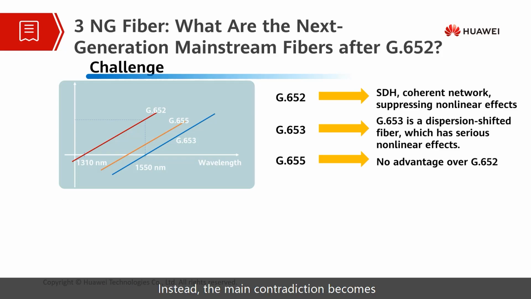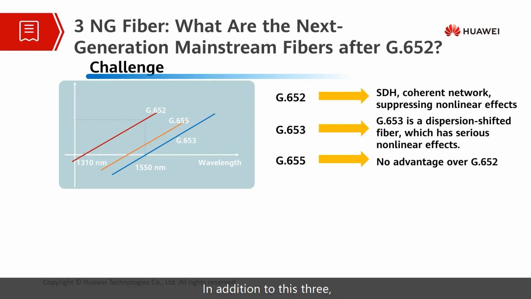Instead, the main contradiction becomes nonlinearity or signal-to-noise ratio. Therefore, the G.652 with large mode field diameter is more suitable for DWDM networks. Hence, except for a few maintenance projects, G.655 optical fibers and cables are no longer built.